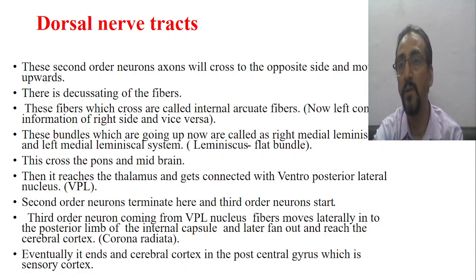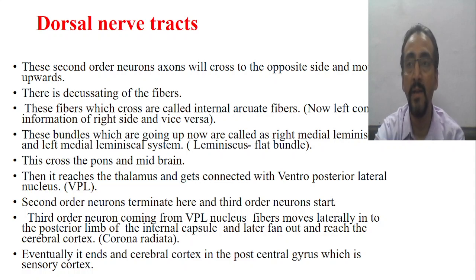From the dorsal nerve root ganglion, the fibers carry forward and enter the spinal cord. In the spinal cord, they are arranged in two bundles above the level of the T6 vertebra: the medial bundle and the lateral bundle.